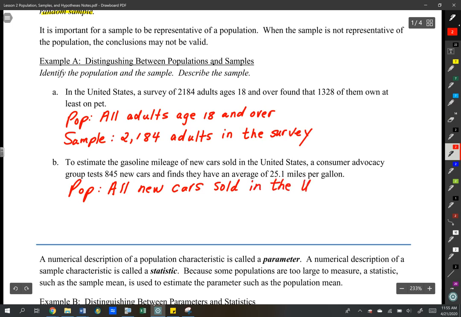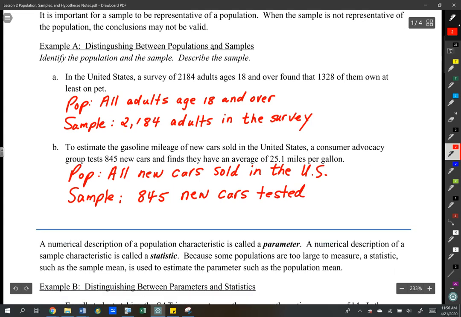And the sample is the 845 new cars that were tested. All right, pretty easy, right?